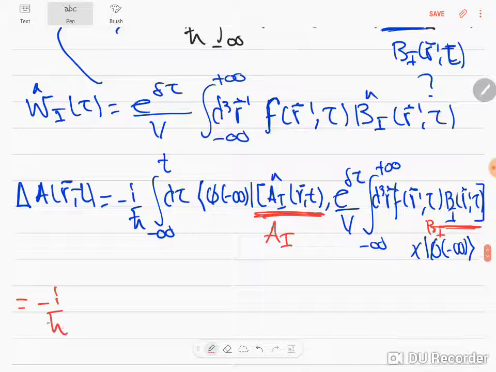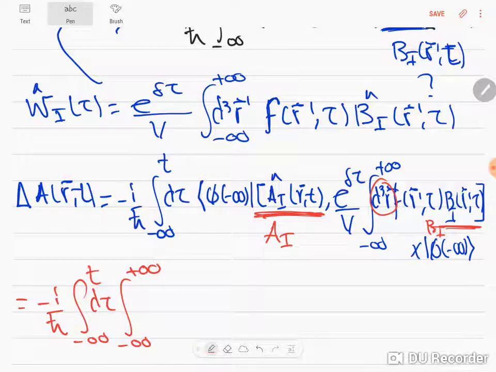So I just write minus i over h bar integral from minus infinity to t d tau, integral from minus infinity to plus infinity d3r prime divided by b. So then I got rid of this too.